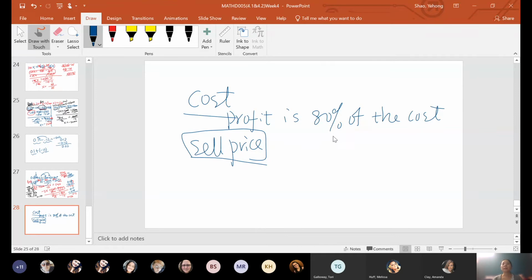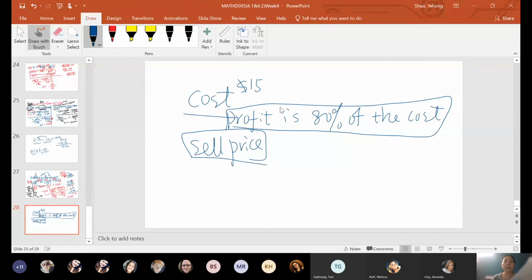Okay, so that's the sentence given to tell you how much profit it's going to be. I'm going to do something similar, so I'm going to change the cost. In the homework it's $25. I'm going to change it to $15 each, and sell at a profit of 60% of the cost.